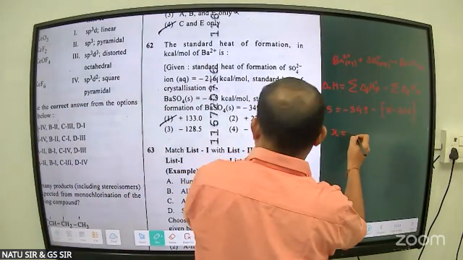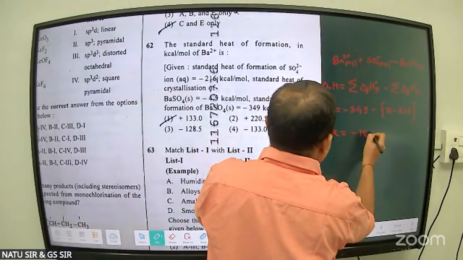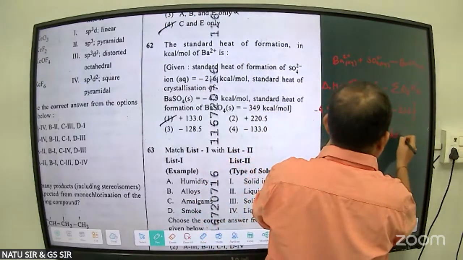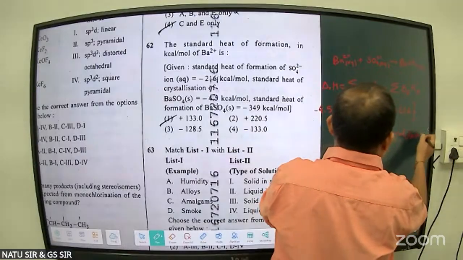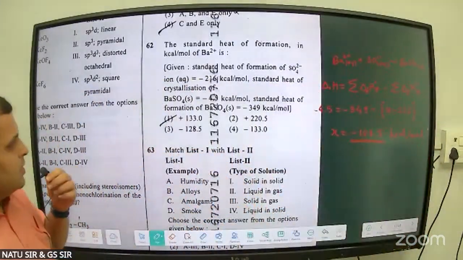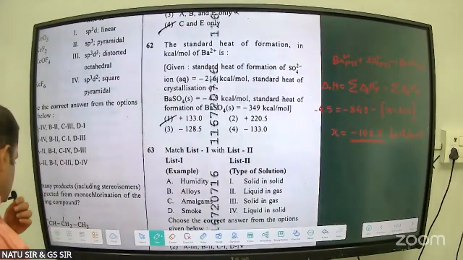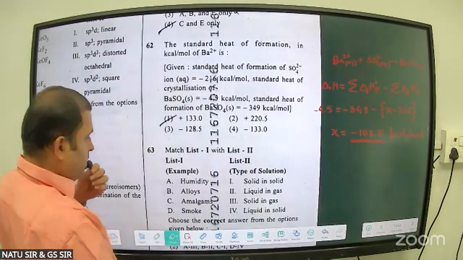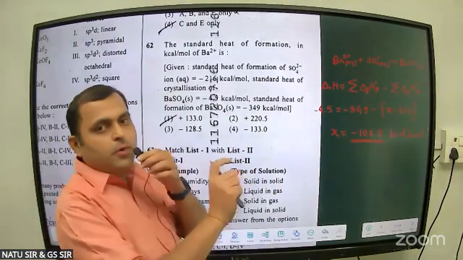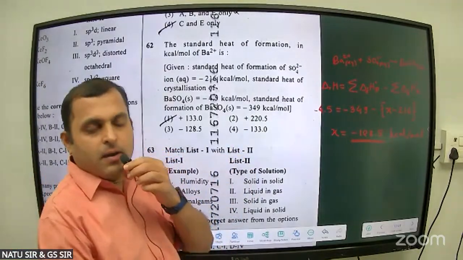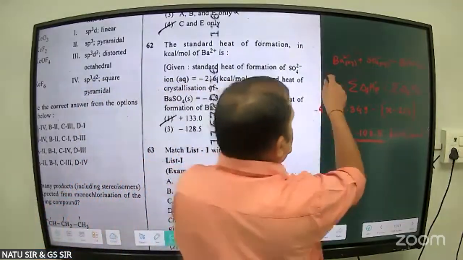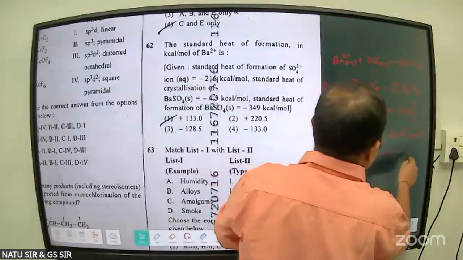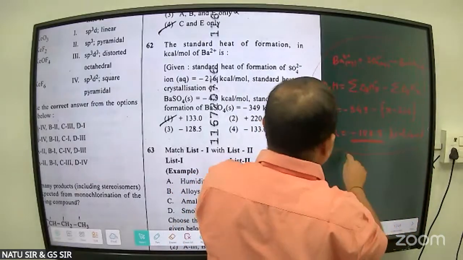So X finally comes out as -128.5 kilocalorie per mole. Right? So this is option 3. Okay, this was a very nice conceptual question. Enthalpy of formation of product minus enthalpy of formation of reactant will give you enthalpy of the reaction.